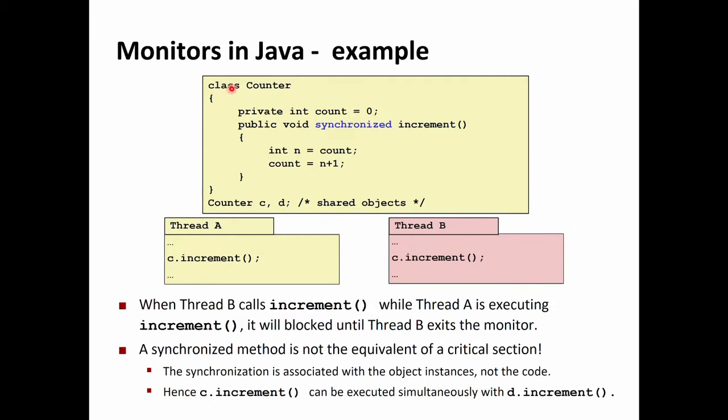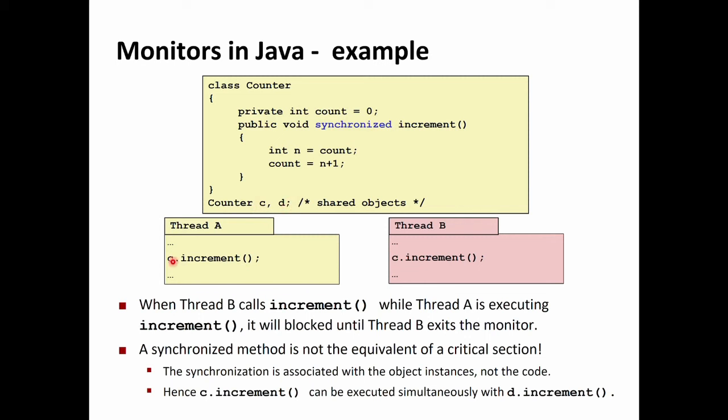Now, here's a simple example of code. Here we have this counter code, and here's the count, which is the variable that we are interested in. Now we have this increment method, which is declared as synchronized, which increments the count by one, and we declare basically C and D, two shared objects.